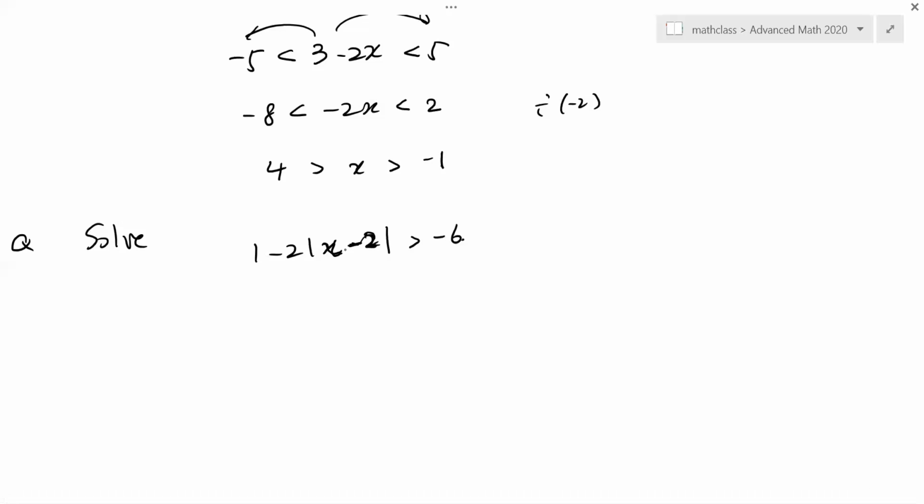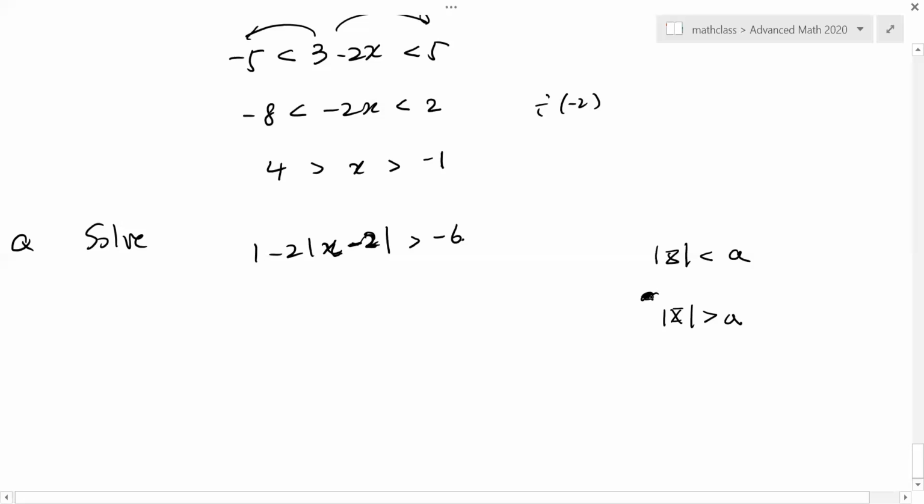Yeah, this is tough, right? So remember, at what point can you remove the absolute value symbol? Only when you use this form, or in this form. Then you can remove it. Those are the only two forms.